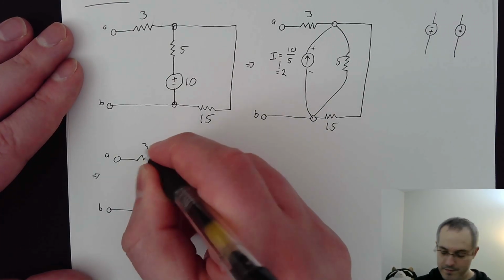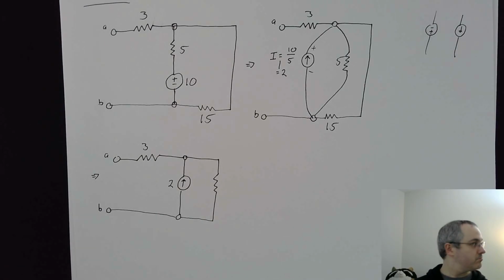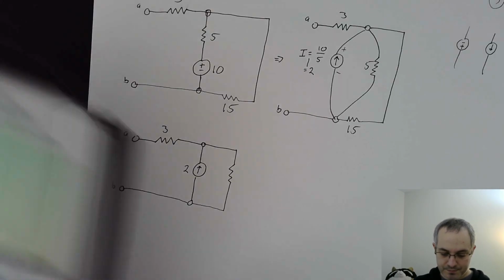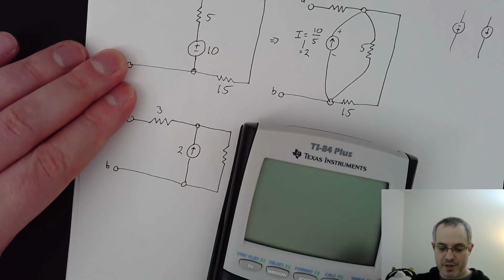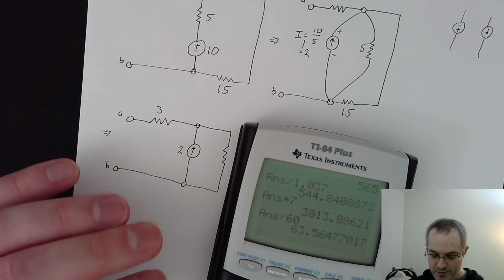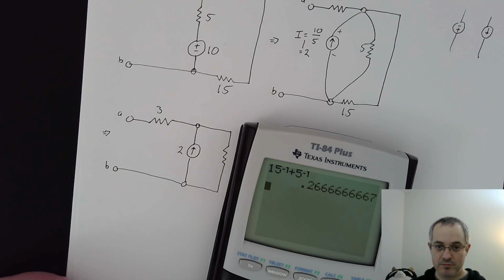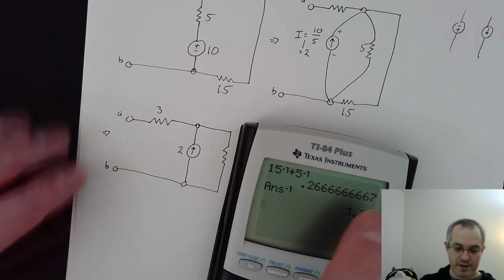This is our 3. And that resistor will be, that little resistor there is going to be the 15 and the 5. Remember that you want to do 15 inverse, 5 inverse, inverse. 3.75.